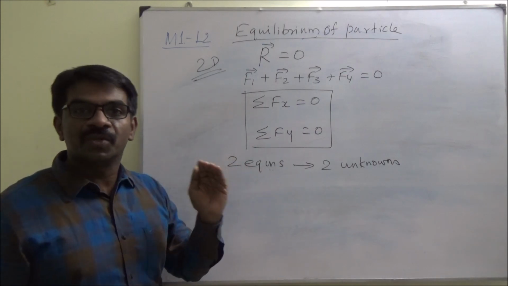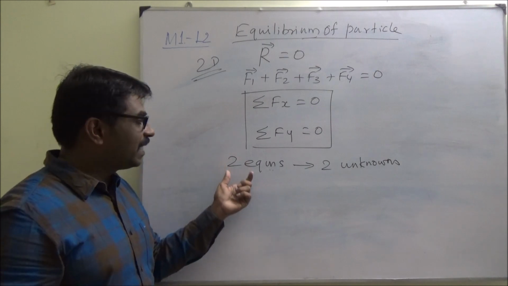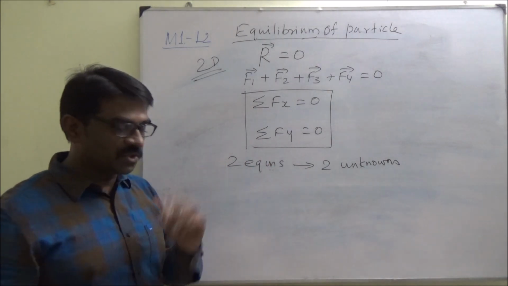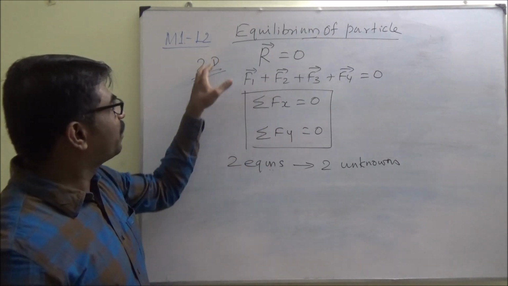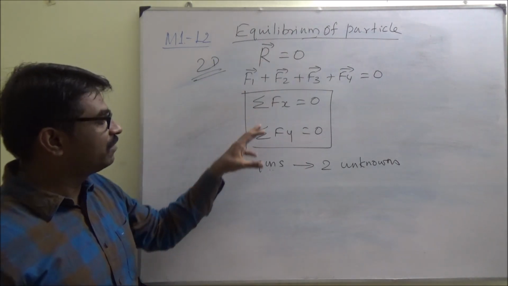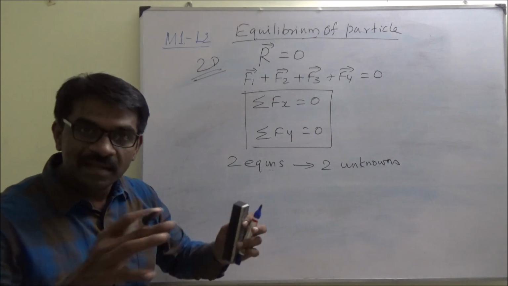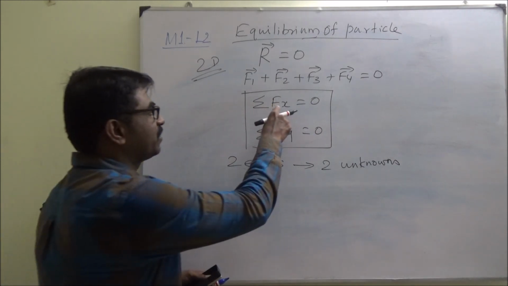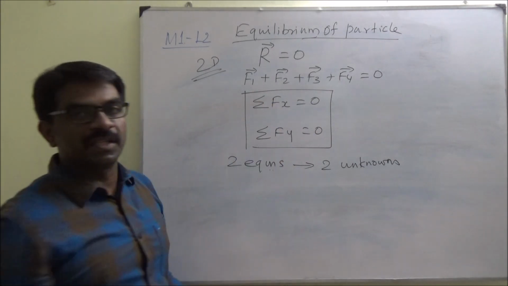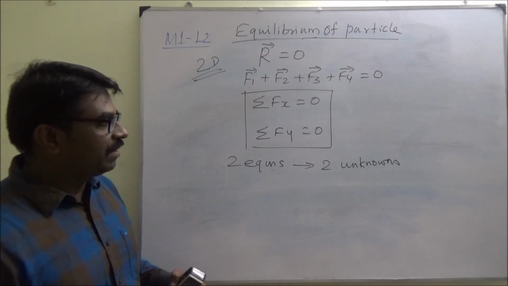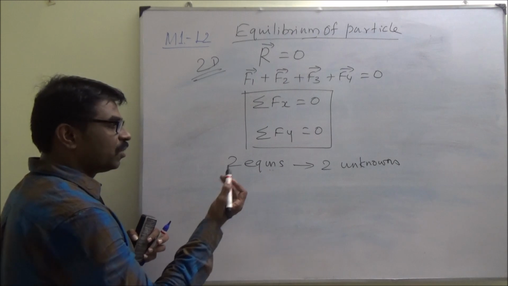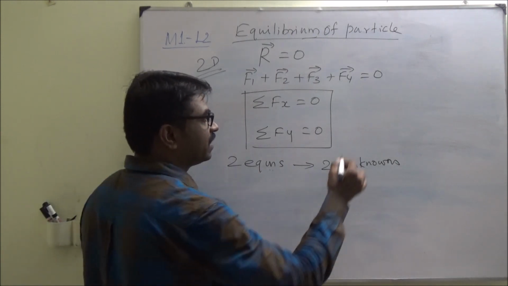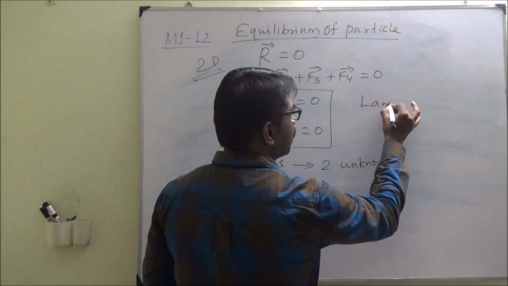Now you have to understand that the number of unknowns is equal to the number of equations. Okay? So for particle equilibrium, we have 2 equations. So any given system of force, you have to reduce to these 2 equations. Now we'll solve a problem. Before that, we'll understand one more theorem called Lami's theorem.